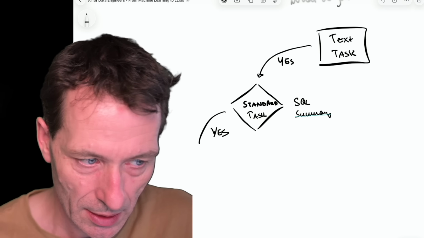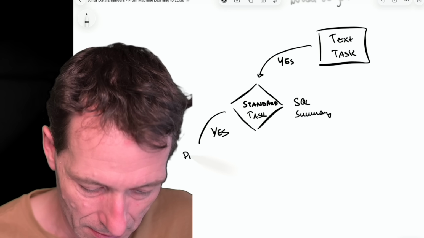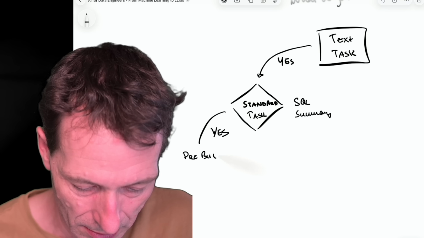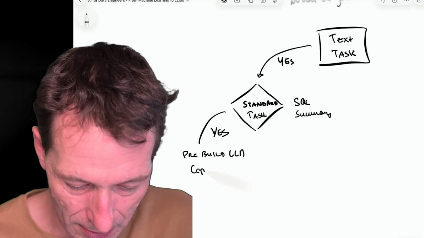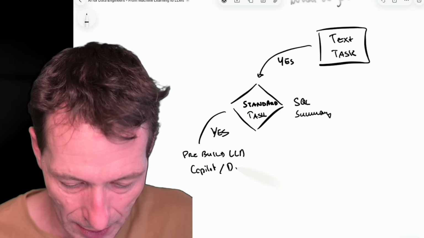then you are in pre-built large language models, things like Copilot, data agents.